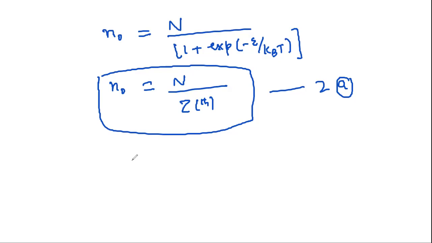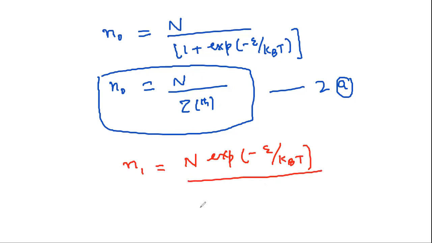The distribution number pertaining to the state 1, which we label by j equal to 1, N1 is equal to N exponential of minus epsilon by kT over Z thermal.